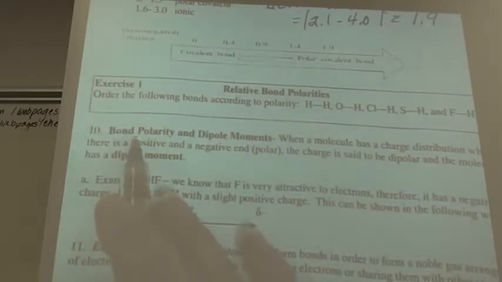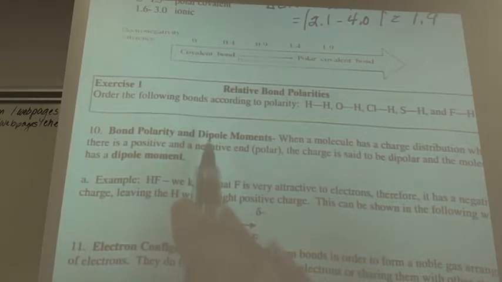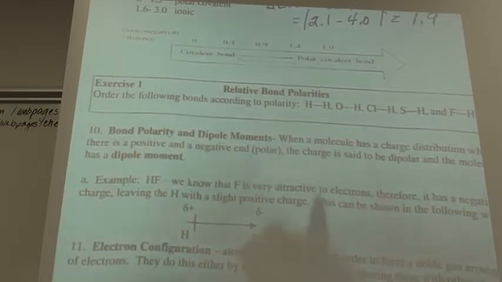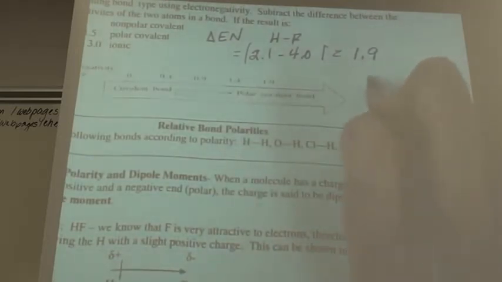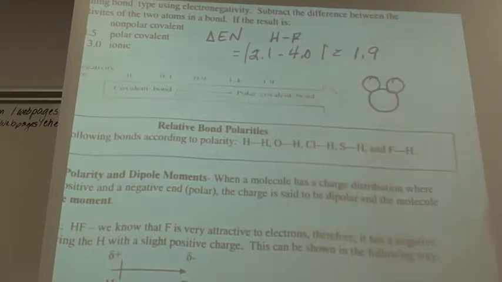Now, bond polarity, the hogging of an electron by one member of the bonding party, gives rise to something called a dipole moment. Do not be afraid. A dipole moment is no different than you in 3rd grade drawing Mickey Mouse ears when you drew water.